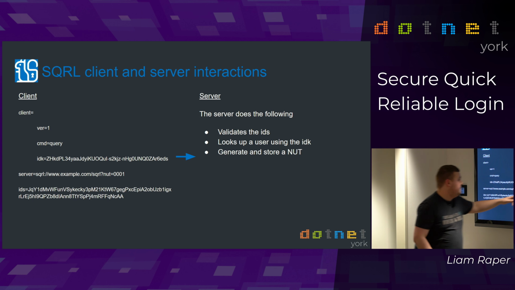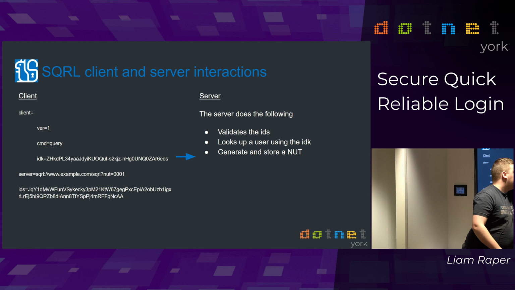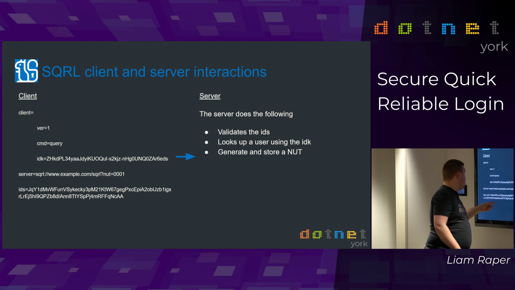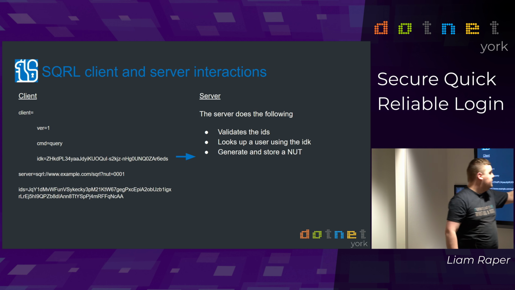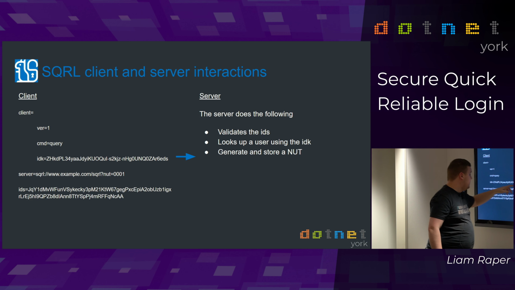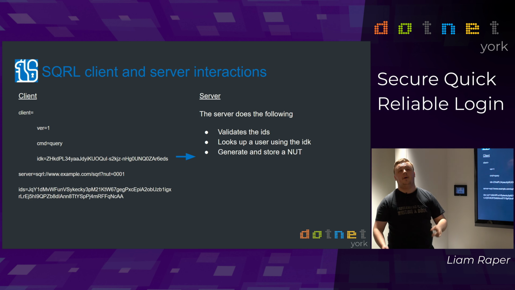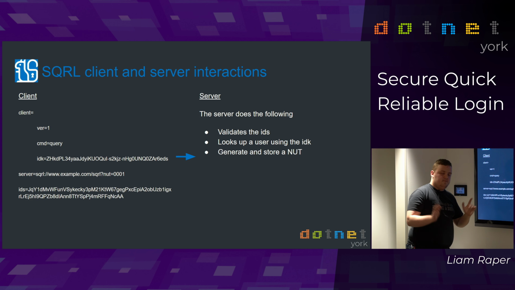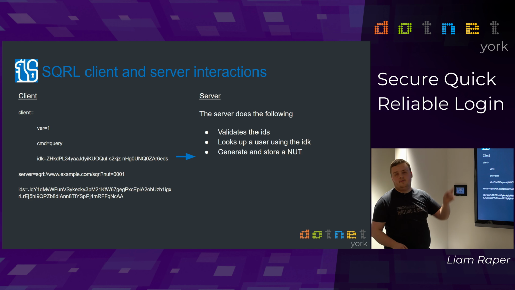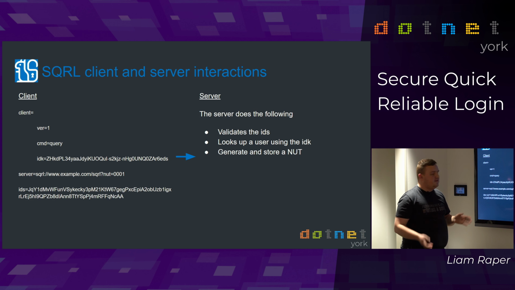On the server side, it gets this message, it validates the IDS. So we look at this and we say, is it signed with this key? Yeah, good. Then we look at the user using the IDK. So we go to our database, or our data store, wherever we're storing our data, and we go, cool, do we have a user with this ID? Yes or no?